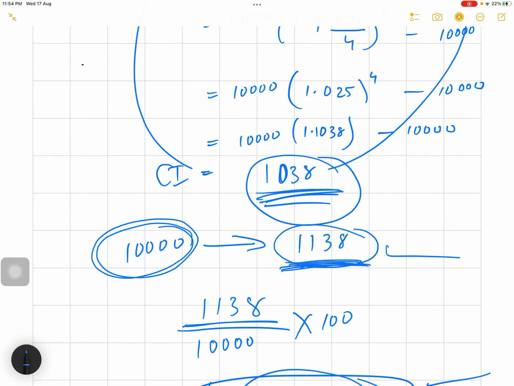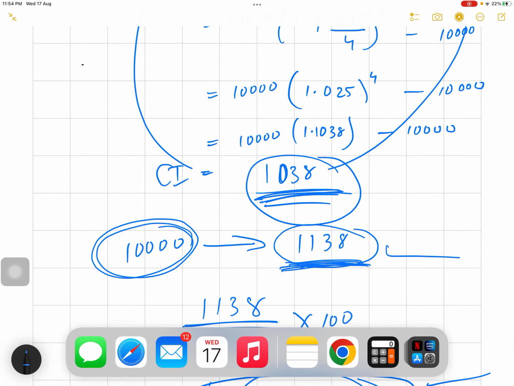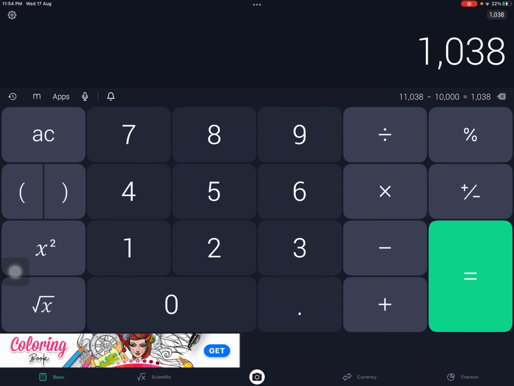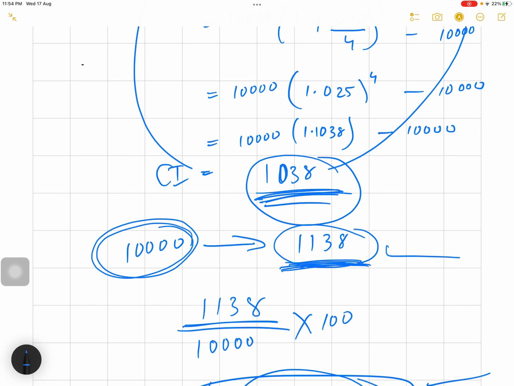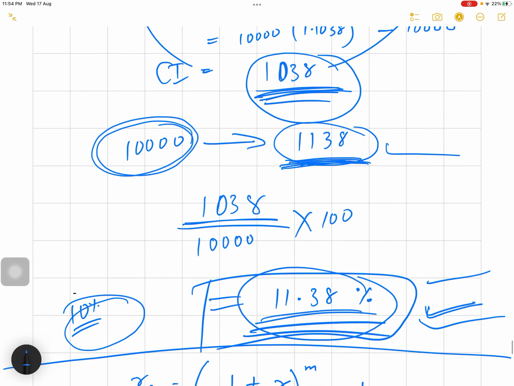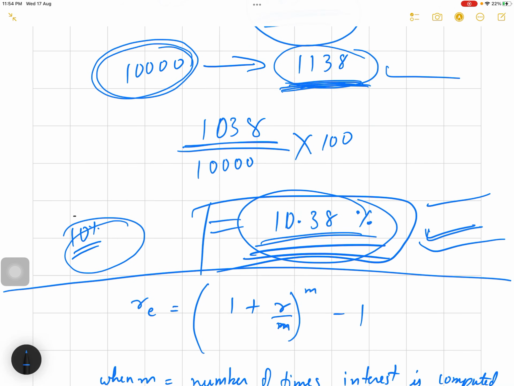I wrote 1138, but it is 1038. 1038 upon 10,000 into 100 comes to 10.38%. So when the rate of interest is 10%, compounded quarterly, the effective rate of interest will be 10.38%.